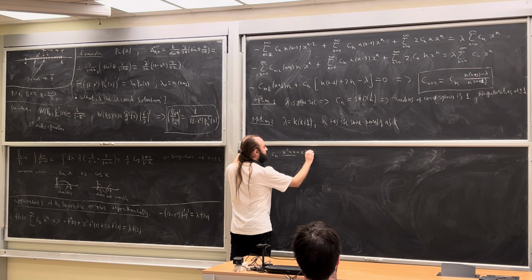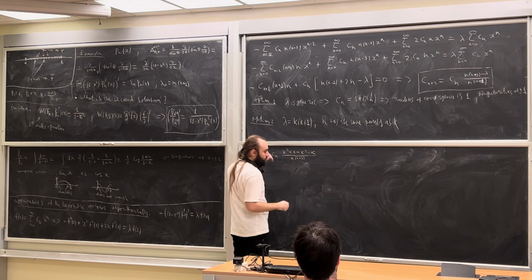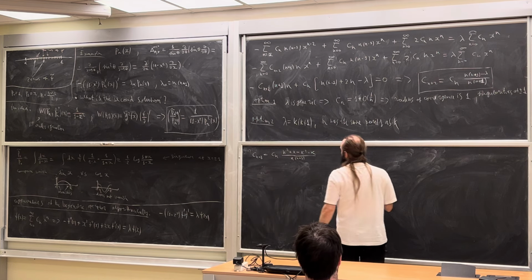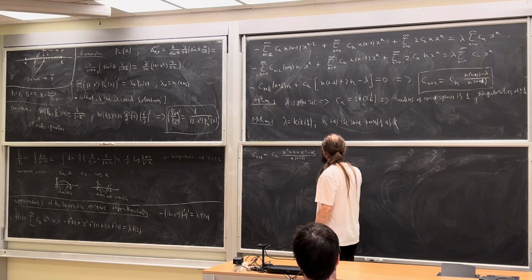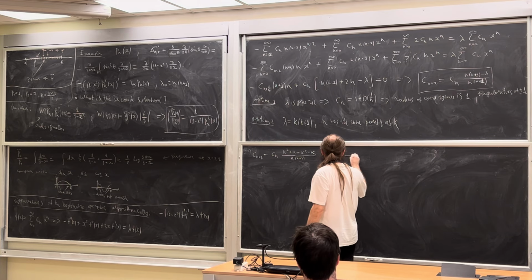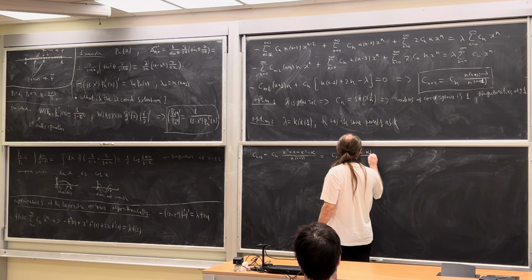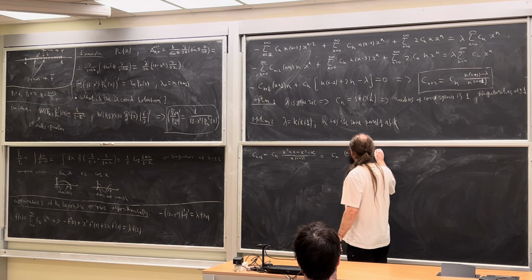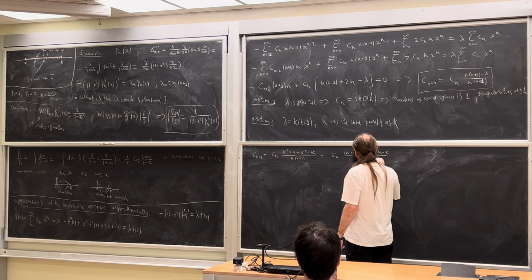Minus k squared minus k. Why do this? Because in principle we can solve this recurrence, even in terms of gamma functions. It can be written as C_n, n plus k, minus k.